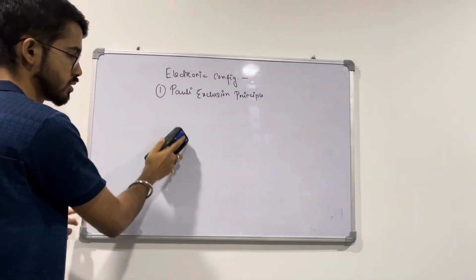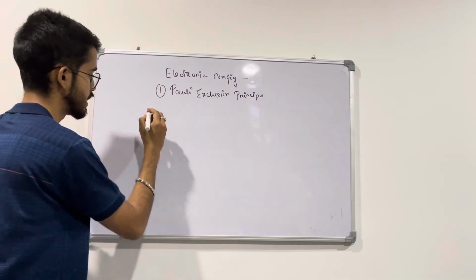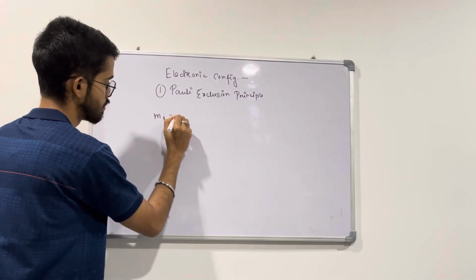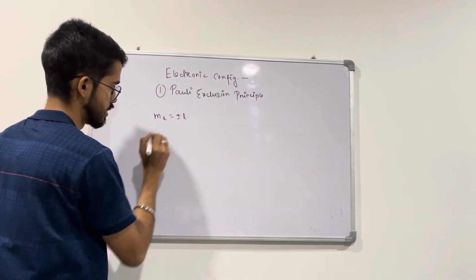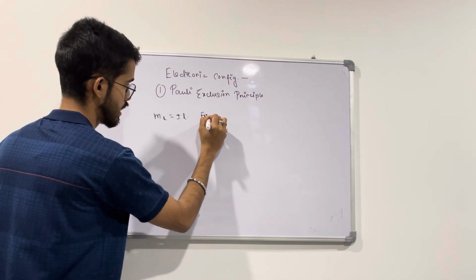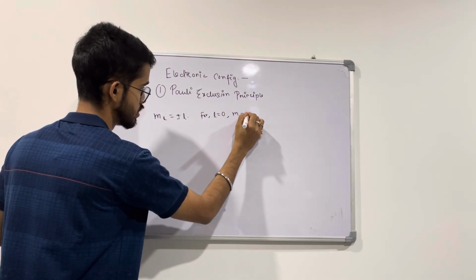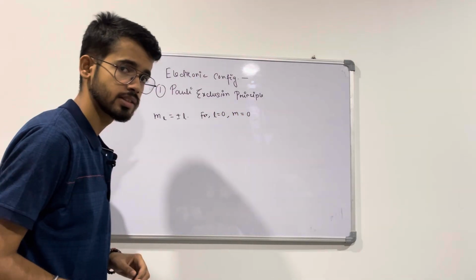Azimuthal quantum number we have learned. Now magnetic quantum number values are given by plus minus L. Means for L is equal to 0, M is equal to 0 because plus 0 minus 0 is same.